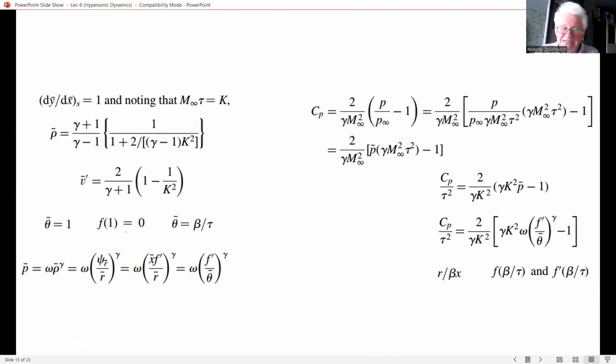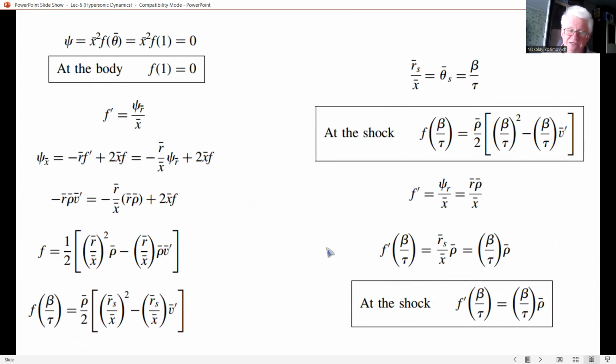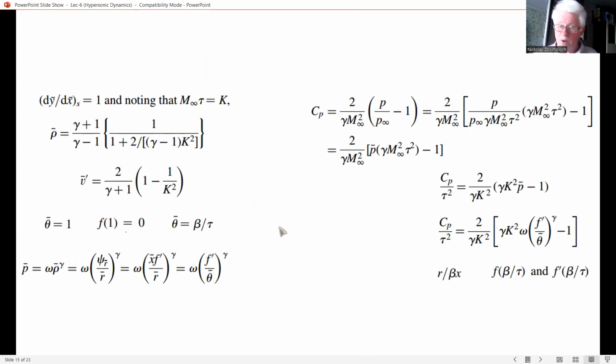Second, starting at theta average as beta over tau, with boundary values given by our previous equations, the last two equations here, starting at the shock wave, we can numerically integrate in steps of minus delta theta, that is, in the direction of decreasing theta average, starting at the shock wave and integrating our equation toward the body.